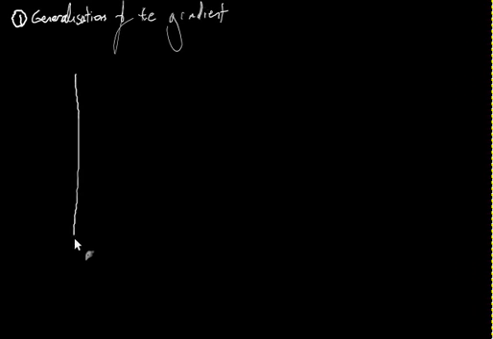Now, it's important to be able to generalize this to any function we like, because it's all well and good to talk about straight lines, but many functions that are useful in chemistry are far more complex than a straight line. It's surprisingly easy to generalize this to a function.